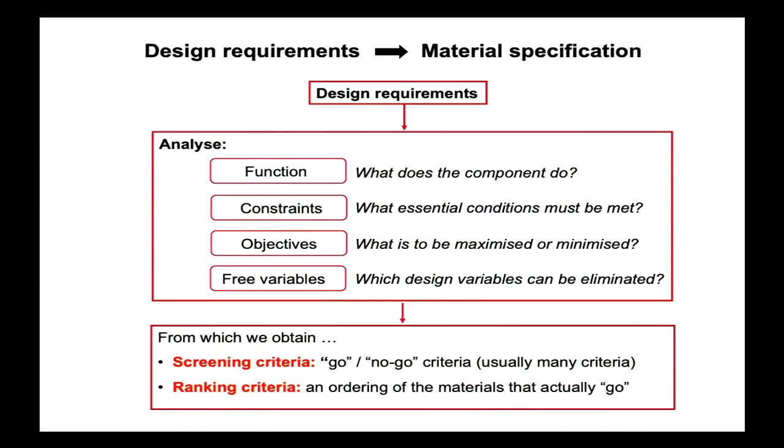So, we've got these design requirements. Function, what does it do? Constraints, now, plural constraints, but we have to always think, well, what's the most important thing we're working on right now? And this is one of those simplifications that you just have to live with for now.